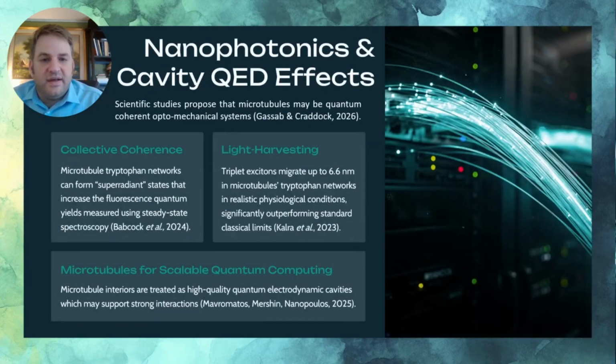Nevertheless, nanophotonic and cavity QED effects have been proposed in microtubules, and a variety of scientific studies have suggested that microtubules may behave as coherent systems that can store and trap light, similar to a fiber optic cable.